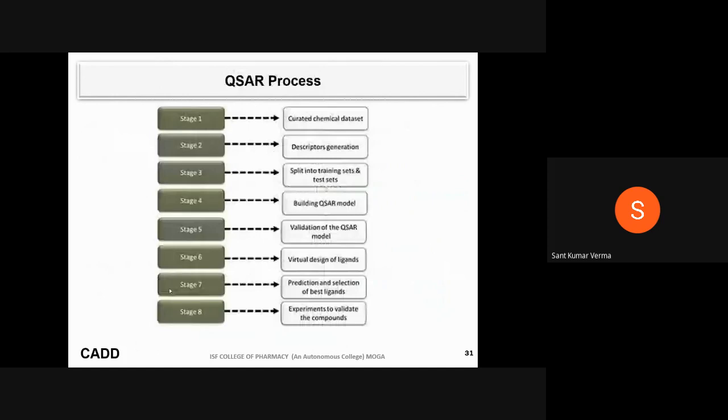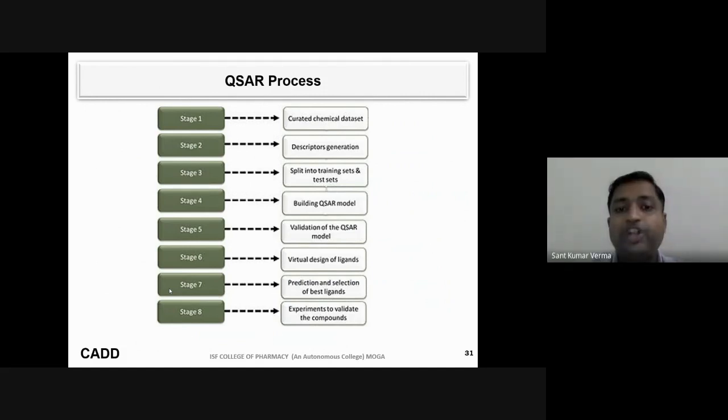The QSAR process includes: you should have a data set of molecules with a defined biological activity like IC50, ED50, LD50, and in the next step you have to generate the descriptors, either 2D or 3D. If you want to perform 2D QSAR, you will have to generate 2D descriptors, and if you want to perform 3D QSAR, you will have to generate 3D descriptors.